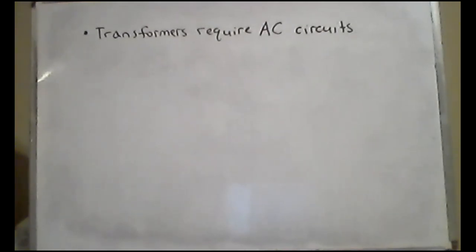We have to transmit the power over the power lines at high voltage. There's no doubt about that. You have to distribute the power that way, by high voltage, in order to reduce the power losses.